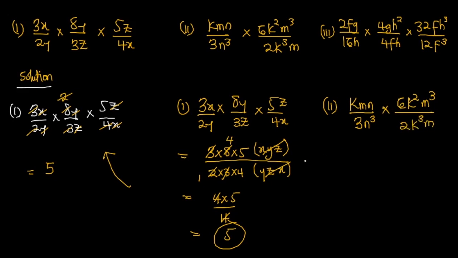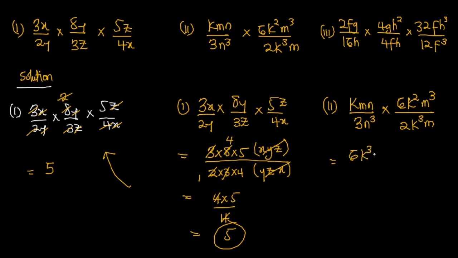Alright, so as usual, we can go ahead and start cancelling some, maybe n here, m here, m here. We can do that. Or we can go ahead and multiply everything, the numerator by the numerator, the denominator by the denominator, before we cancel. So let's do that in this case. If I multiply everything by everything I have at the top here, I'm going to have 6. K multiplied by k will give me k cube.